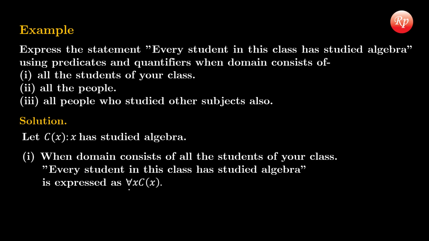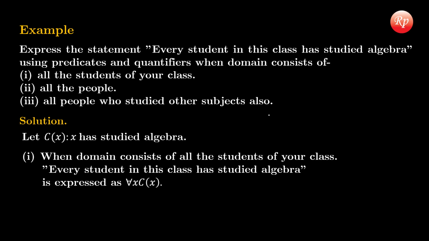So we can directly write for all x, Cx, and it will mean every student of this class has studied algebra. So this notation will be used to show every student of the class has studied algebra. This is the simple case when the domain consists of all the students of your class.